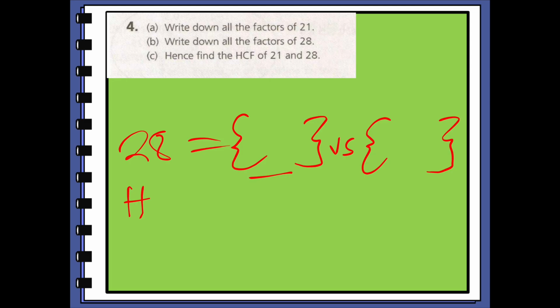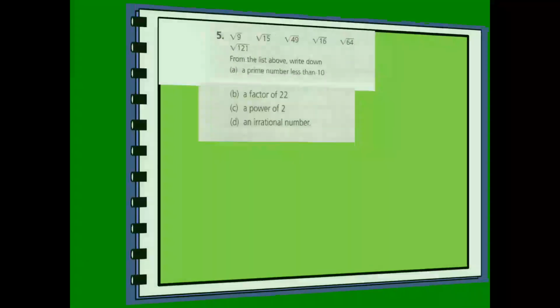Then you see the common ones, then you find the HCF, the highest common factor of 28 and 21. I'm sure you can work out C as well, so I'll leave those two for you.